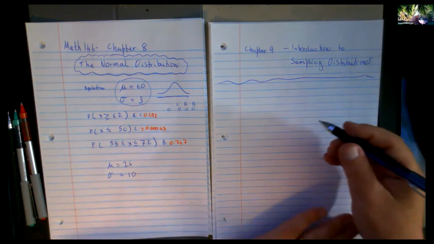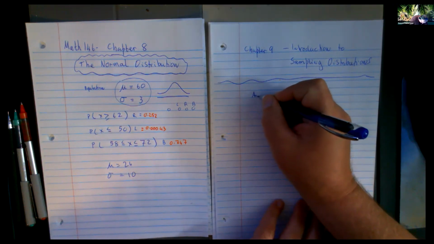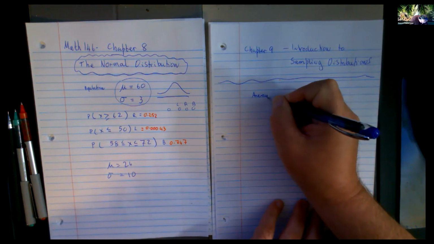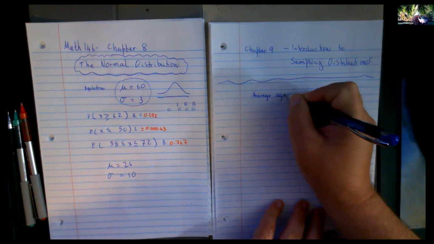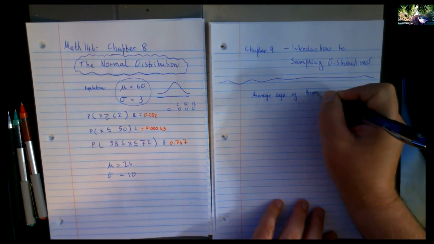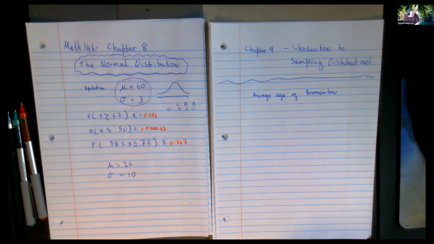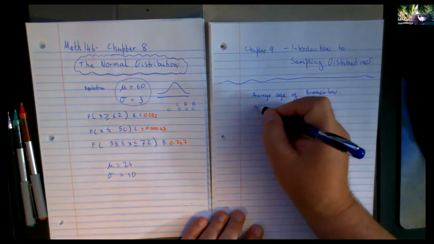So I want you to imagine that I'm interested in the average age of people who live in Bremerton. Now, I guess what I could do is I could do a census.